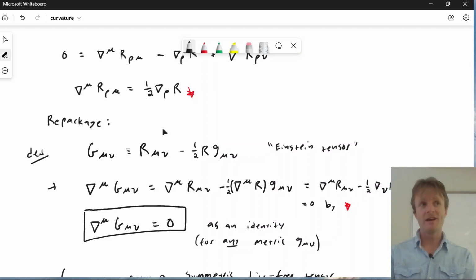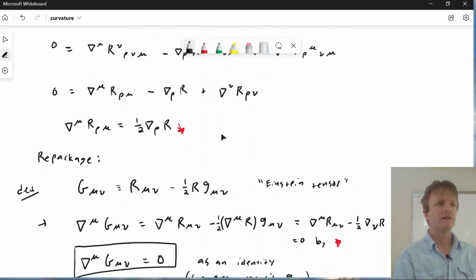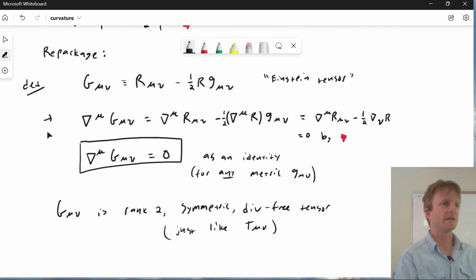We just want 2. So we contracted on 2 of the indices of the Riemann tensor to get the Ricci tensor. And then we said, okay, we want it to be conserved, so let's figure out what the Bianchi identity tells us. So we got this equation with a red star. And then we realized, aha, if we just define this new combination of Riemann and Ricci, then it will actually be conserved automatically as an identity.